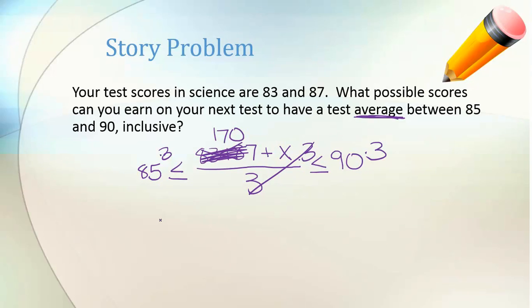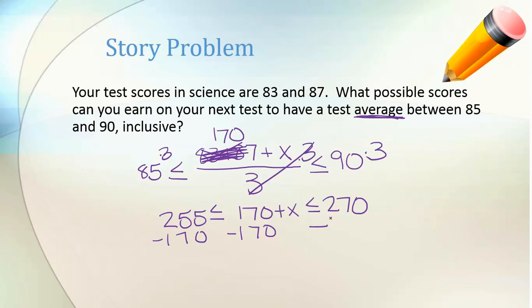85 times 3 is 255. I get 170 plus X. 90 times 3 is 270. Let's subtract 170 here. 255 minus 170 is 85.